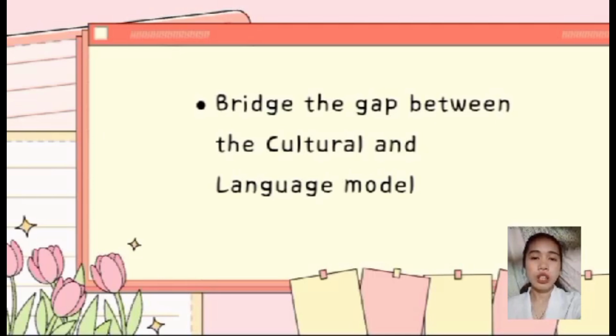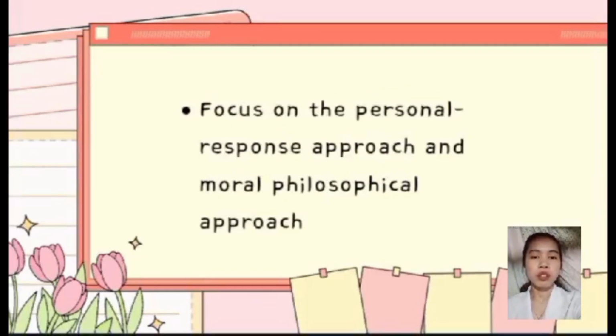So here you are using the language, at the same time you are placing it in a specific cultural context. So are we clear? And the focus of the personal growth model is on the personal response approach and the moral philosophical approach.